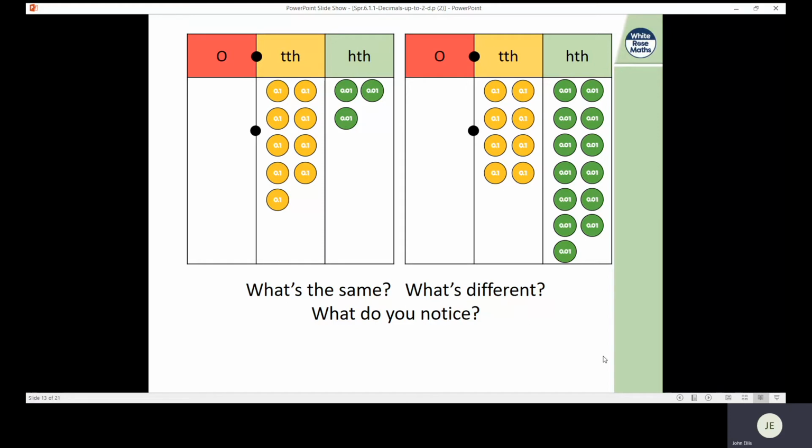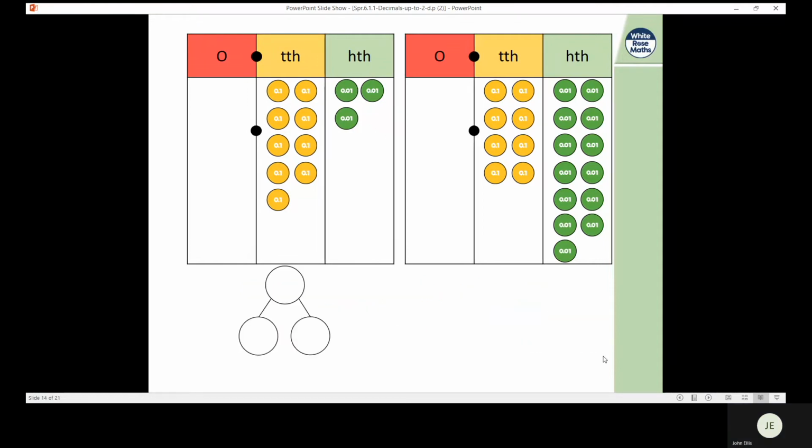And I've got 1, 2, 3, 4, 5, 6, 7, 8, 9, 10 until 13 hundredths. So 0.8 add 0.13. If I add that together, I wonder what number I'm going to get. What have you noticed about the two numbers I've just worked out with you? Okay, so if we add that together, we get that. If I add 0.8 and 0.13, what number am I going to get?